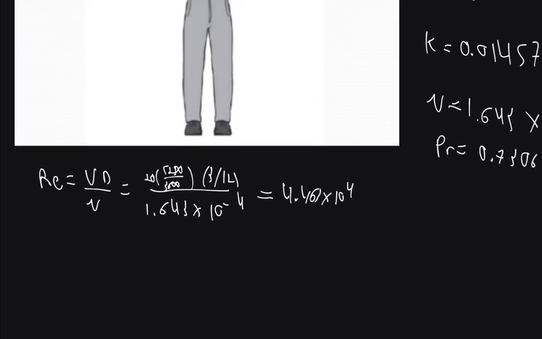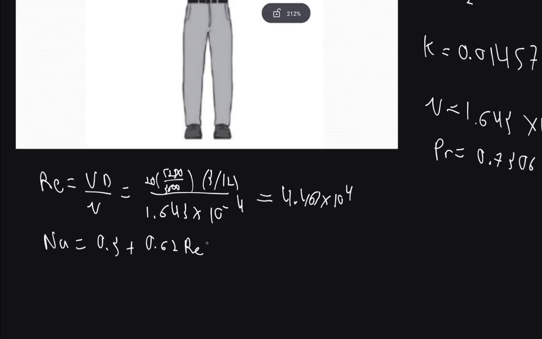Okay. Next up, generally the Nusselt number. For cylinders, the formula is 0.3 plus 0.62 times the Reynolds number to the 0.5, times the Prandtl number to the 1/3, over 1 plus 0.4 over Prandtl number.